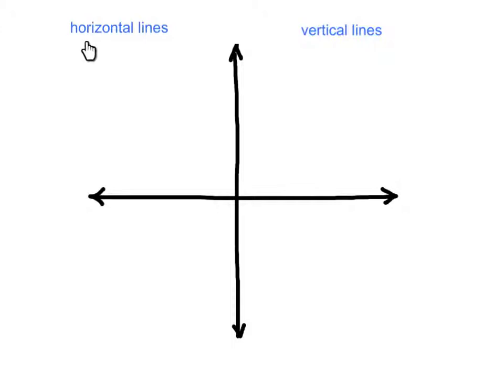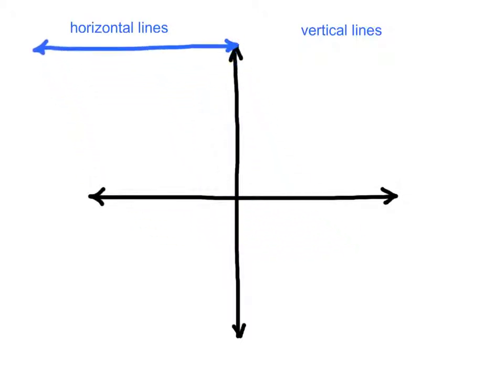Here, we're going to look at horizontal and vertical lines. Let's start by drawing a horizontal line. So I'm drawing it down below. This is a horizontal line, and I'm going to move it onto my graph, and here my horizontal line is y is equal to 0. Here my horizontal line is y is equal to negative 1.